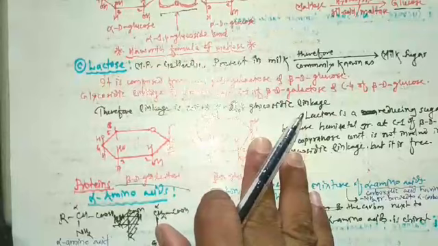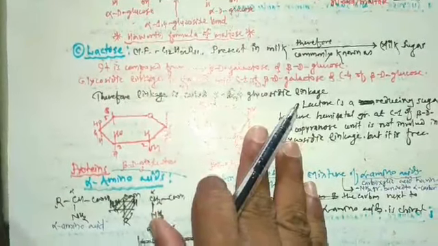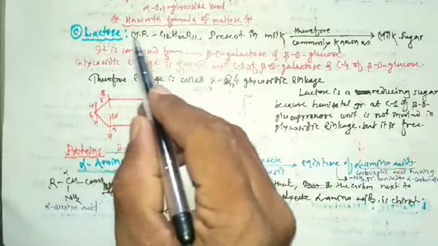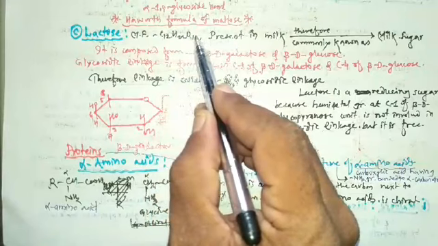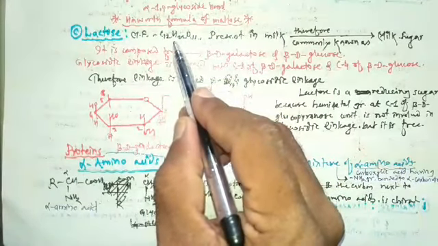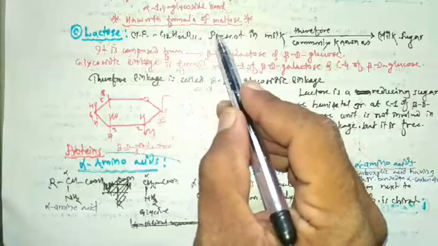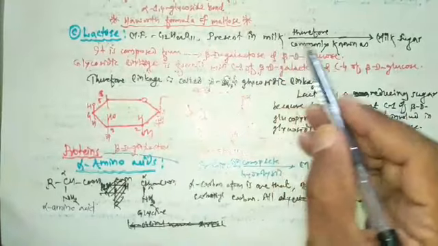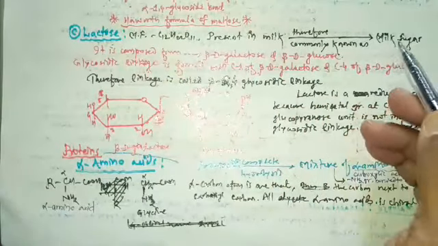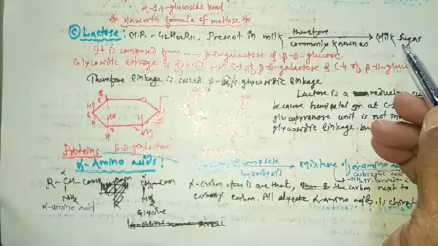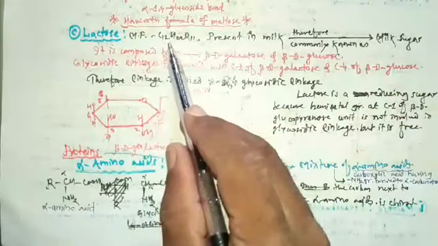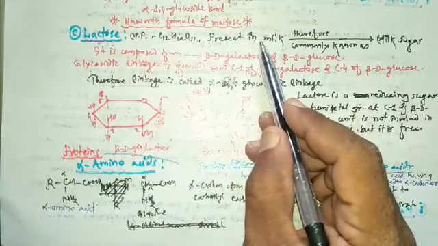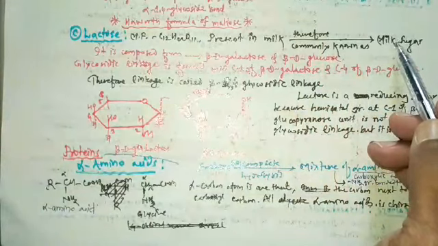Then the next disaccharide which we are going to study is lactose. Lactose has the molecular formula C12H22O11. It is present in milk, hence it is commonly known as milk sugar.